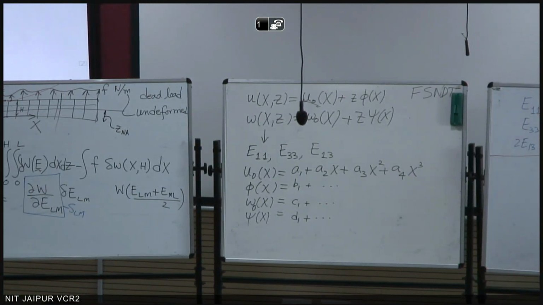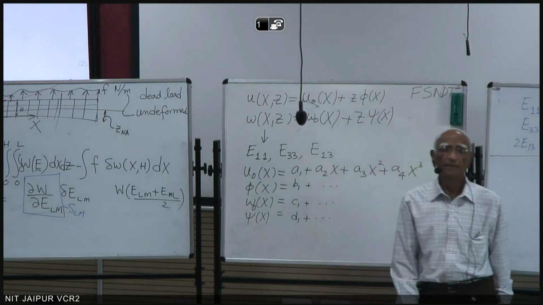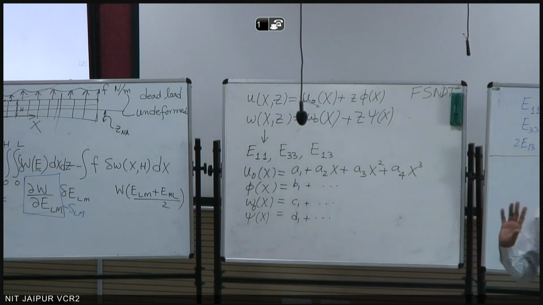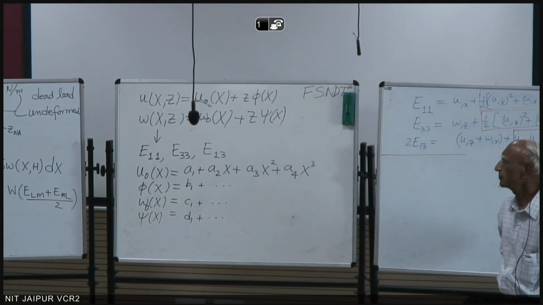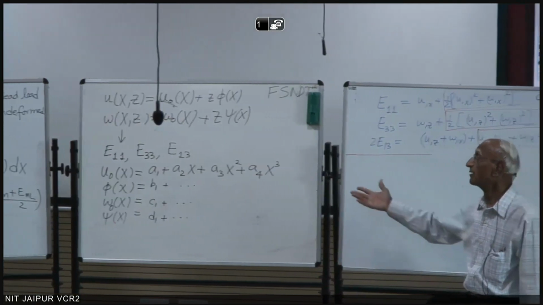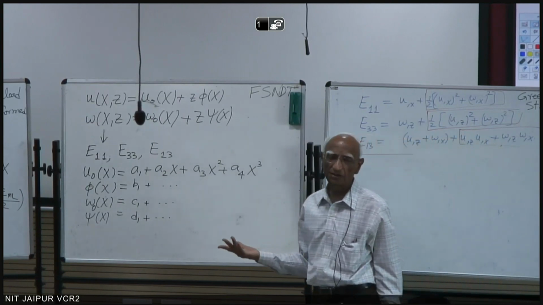Is it okay? This is an approximate solution. If we know these 16 constants, A1, A2, A3, A4, B1, B2, B3, B4, and so on, our solution will be in terms of these 16 constants.